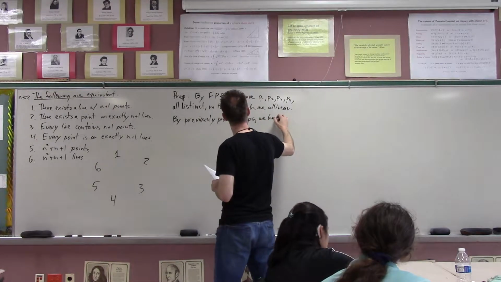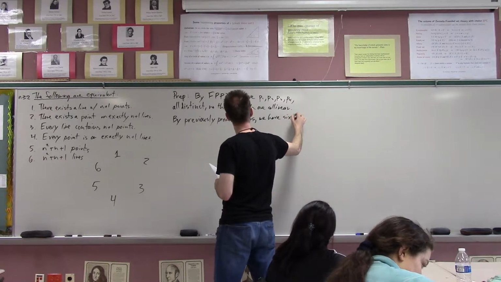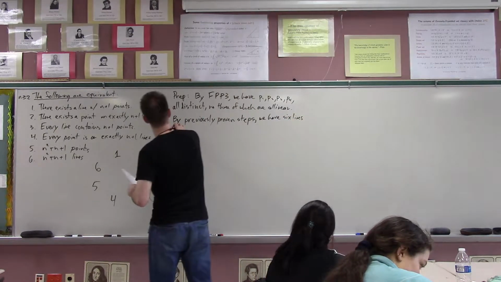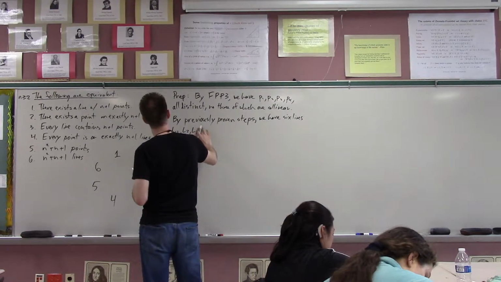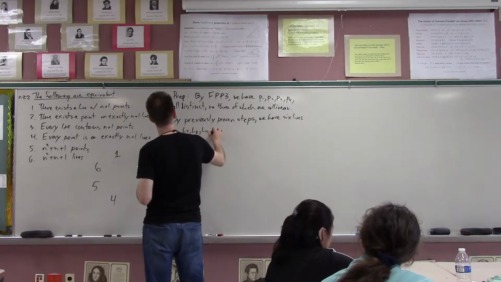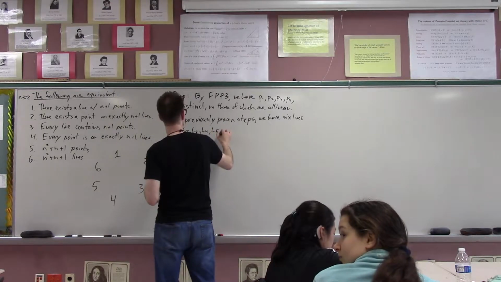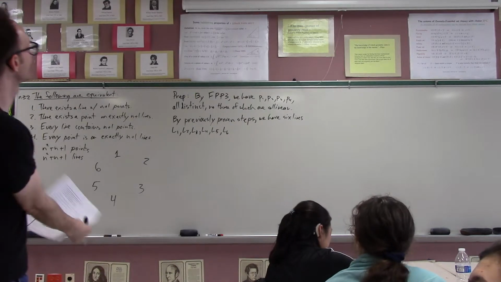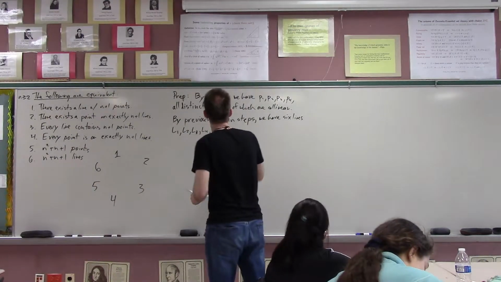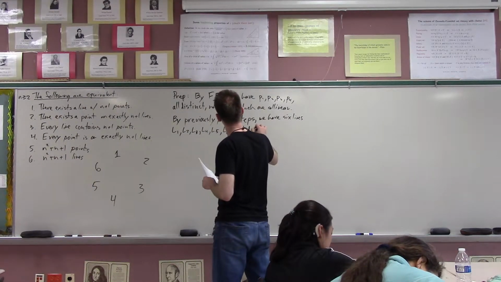We have 6 lines, all distinct, L1, L2, L3. Note that the one person who was allowed to leave the room left already. My previous group actually has 6 lines, L1 through L6, all distinct.